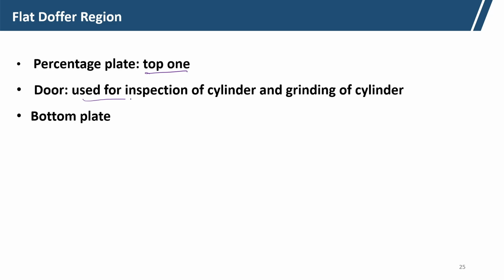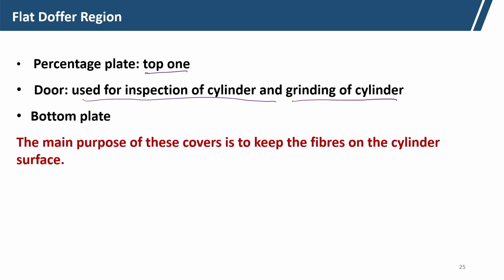The door is used to inspect the cylinder clothing, whether it is all right or not, and for grinding of the cylinder. The bottom plate is another plate here. The main purpose of these covers is to keep the fibers on the cylinder surface.